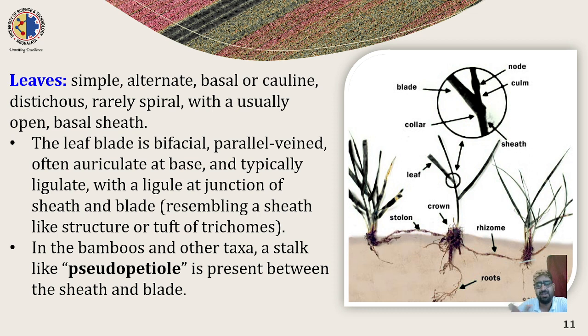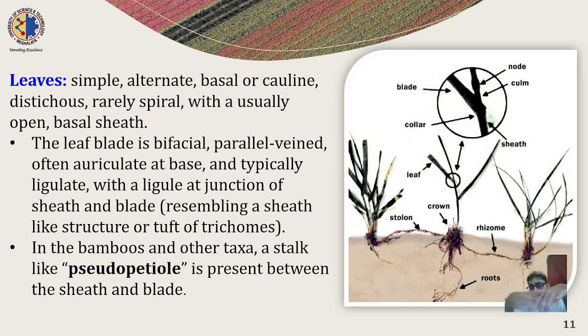Also distichous, I already told you what distichous is, meaning they are arranged in two vertical columns on opposite sides of the stem, and they are rarely spiral, with usually an open basal sheath. The sheath is the covering. I will show you the sheath in the next slide.